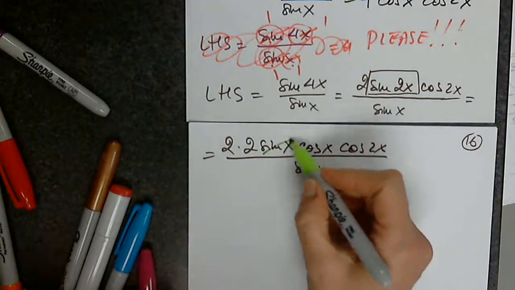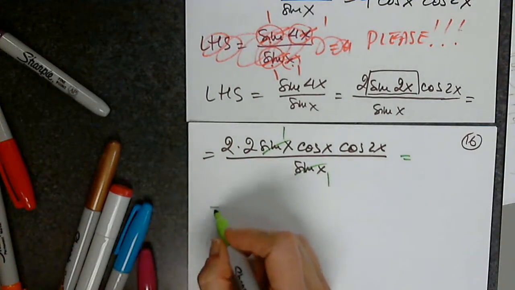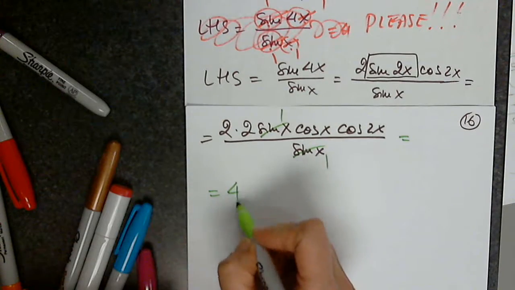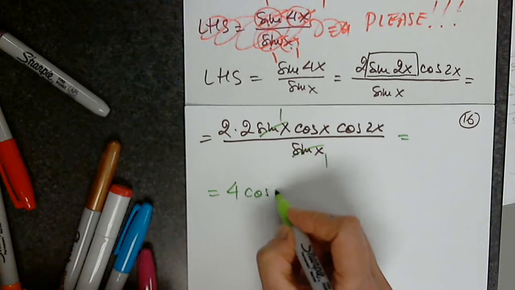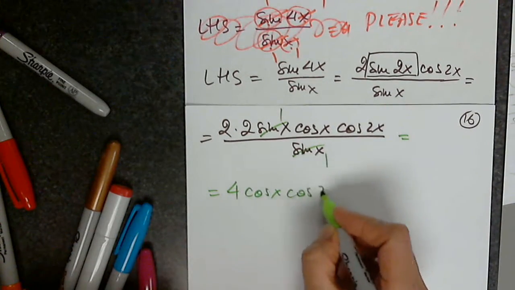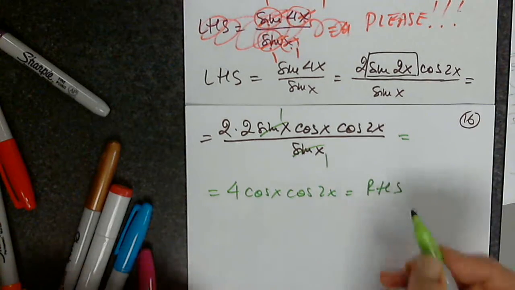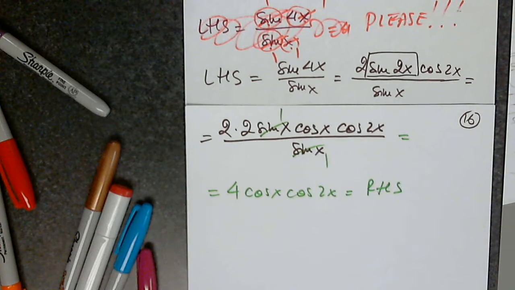Sine x. And what is the final form? 4 cosine x cosine 2x. And this is the right-hand side. It looks scary, but based on what we know, we had to apply something.